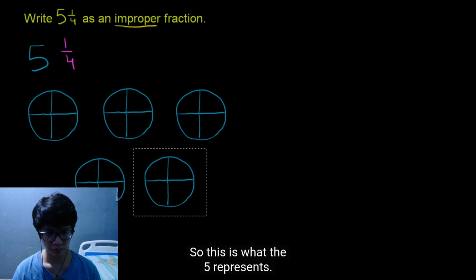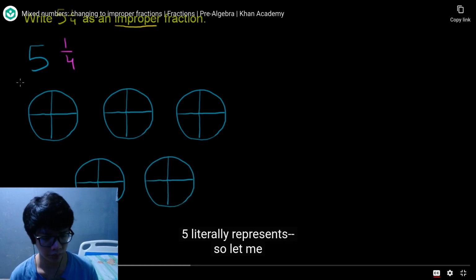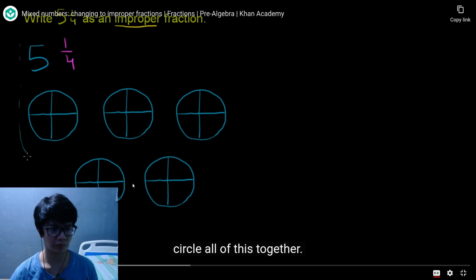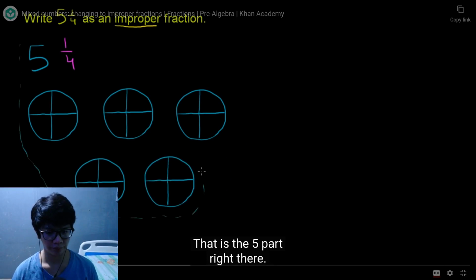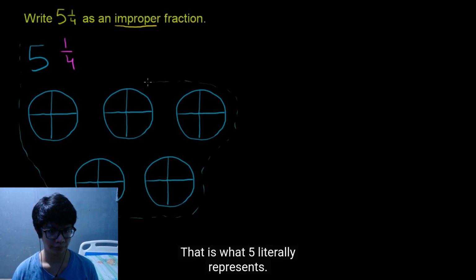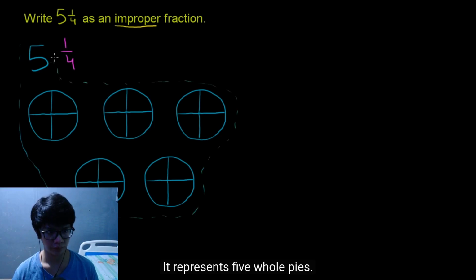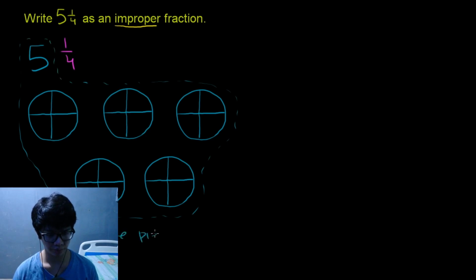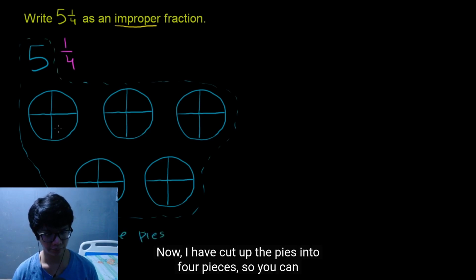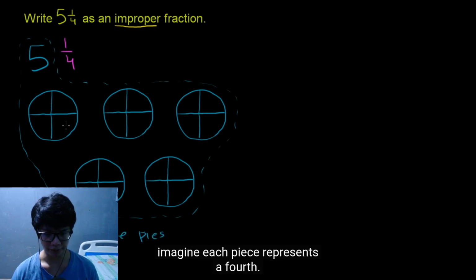So this is what the 5 represents. Let me circle all of this together. That is what 5 literally represents: 5 whole pies. Now, I have cut up the pies into 4 pieces, so you can imagine each piece represents a fourth.